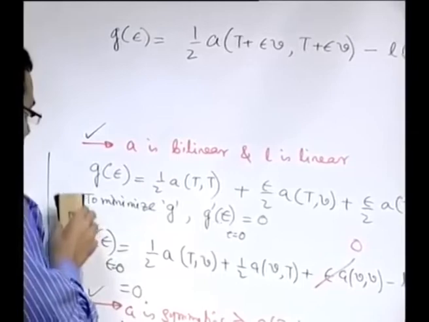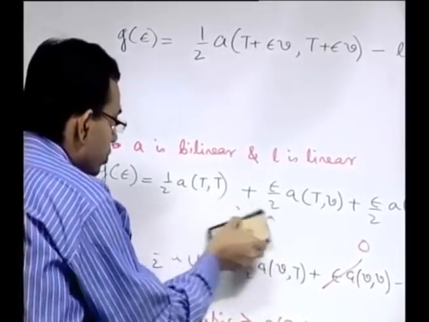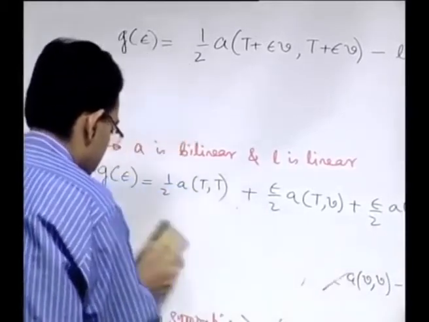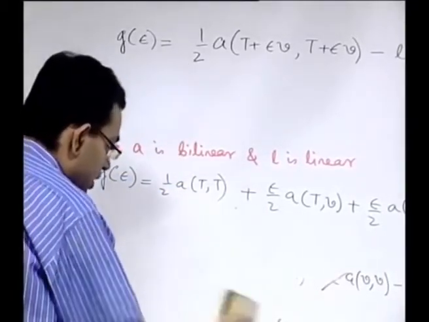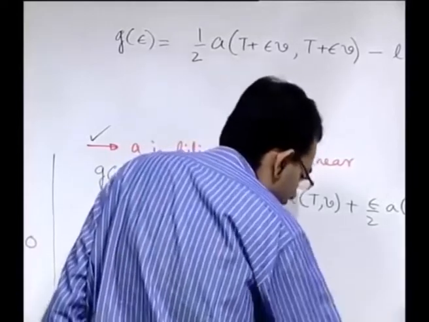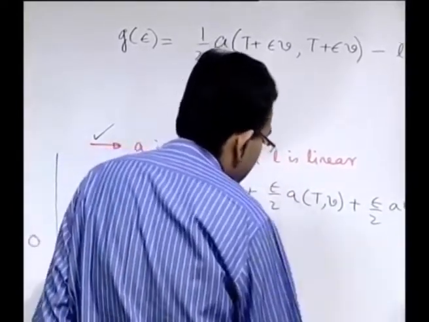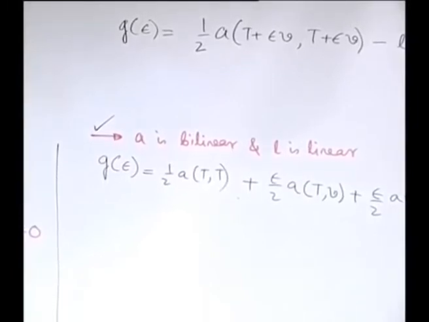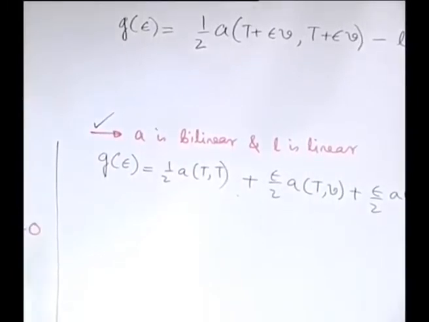So to do that, we will start with this G epsilon. Now we have utilized what conditions? That A is bilinear, L is linear, and A is symmetric.